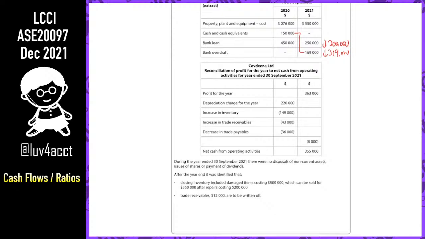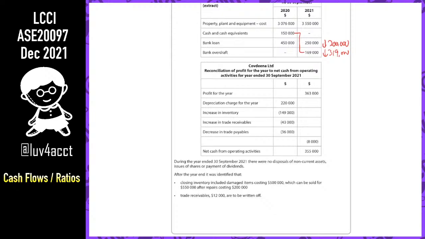Increase in inventory 149, increase in trade receivable, and then decrease in trade payables. The direction is correct, the sign is correct, and then you have net cash from operating activities.